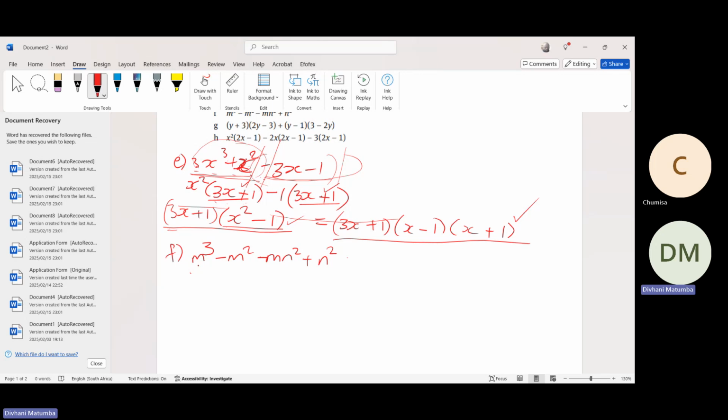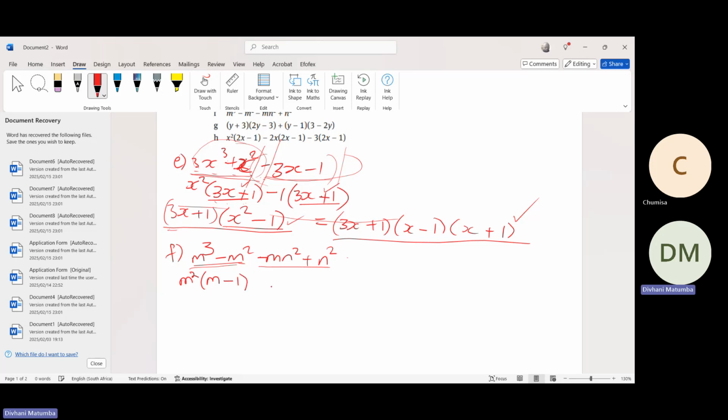Okay. Let's try to group these two. Do we have a common factor between these two? Yes, sir. It is m squared into m minus 1.